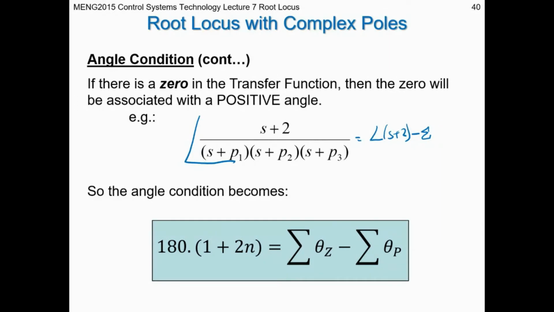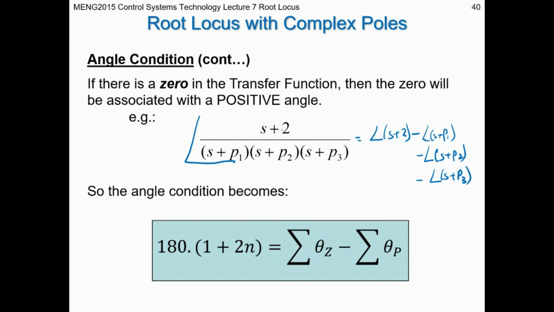So it's going to be minus the argument of S plus P1, minus the argument of S plus P2, minus the argument of S plus P3. That's how you're going to find the argument.